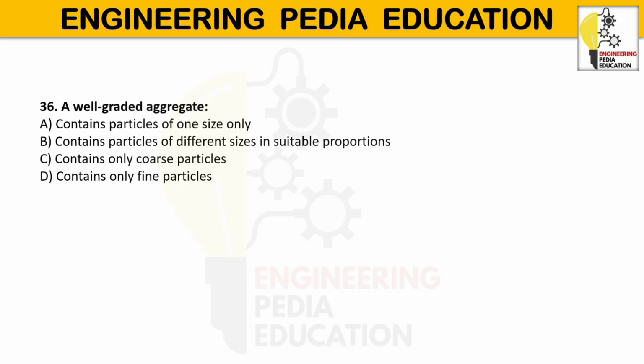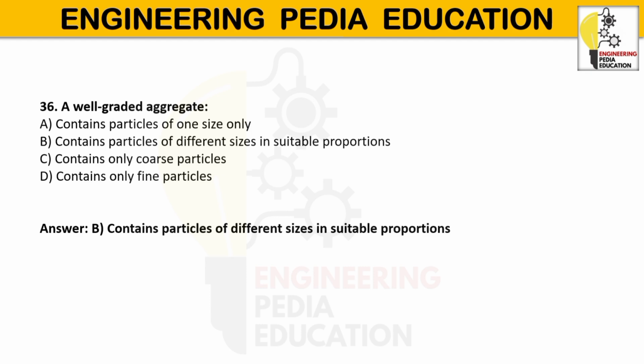A well-graded aggregate contains particles of one size only, particles of different sizes in suitable proportion, only coarse aggregate, or only fine aggregate. So the correct option is particles of different sizes in suitable proportion.